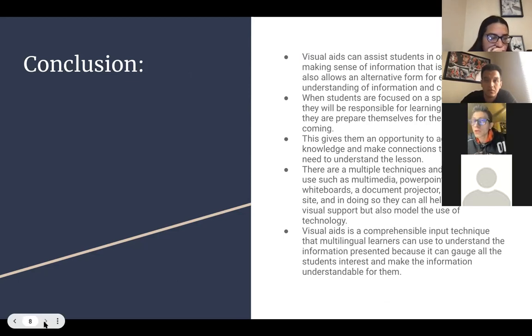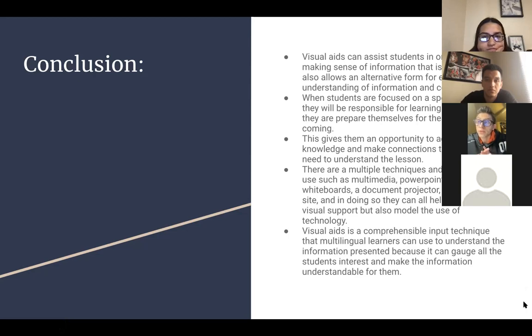For conclusion, visual aids can assist students in organizing and making sense of information that is presented, and also allow an alternative form for expressing their understanding of information and concepts. When students are focused on specific material, they are responsible for learning in the lesson as they prepare themselves for the information that is coming.